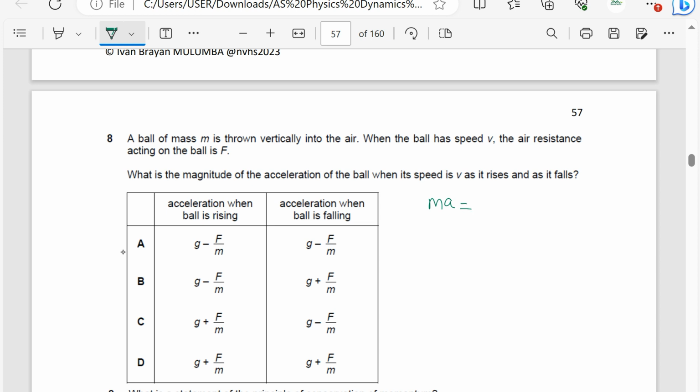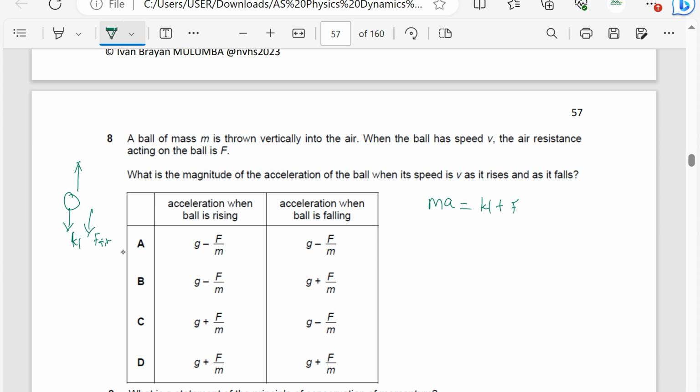So m times a is going to be equal to the weight plus F. If the ball is going upwards, the weight is downwards, and the force due to air resistance is downwards. So the resultant force is equal to the weight plus the force due to air resistance.